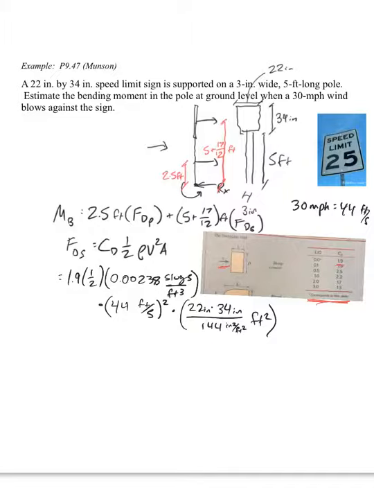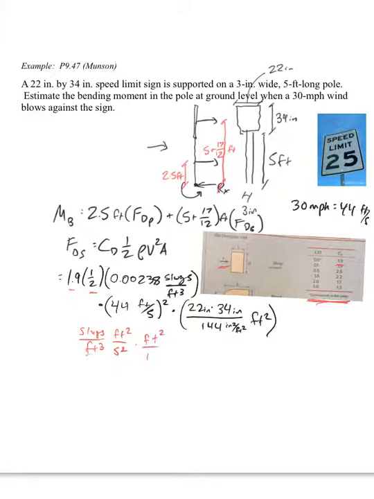And you can convince yourself that the units here are going to work out to be pounds force. Basically, CD is dimensionless, the 1/2 is dimensionless, and then I have slugs per foot cubed times foot squared per second squared times foot squared.